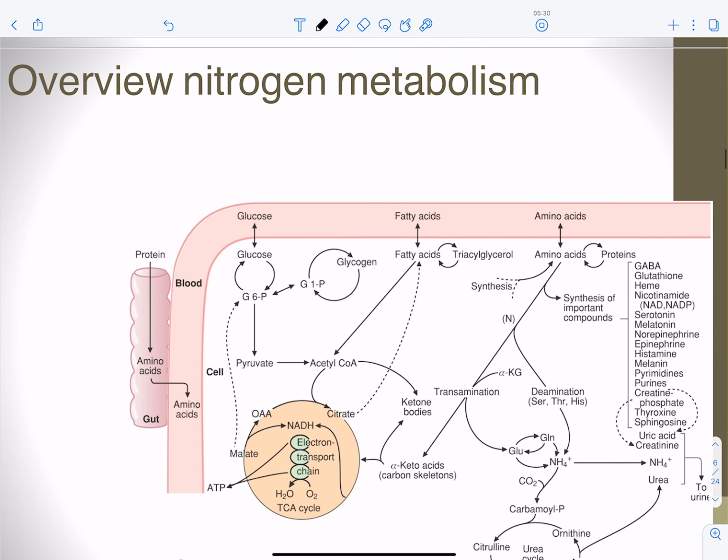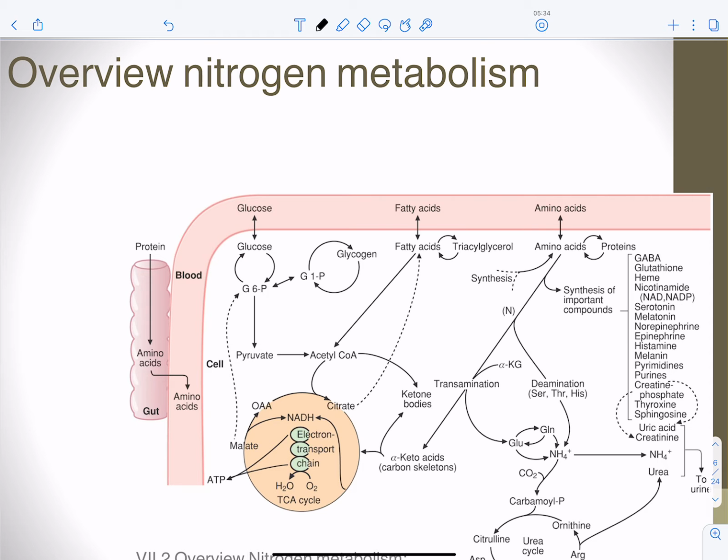This is just an overview of nitrogen metabolism. Your nitrogen-containing compounds also have carbon skeletons that can be used for other pathways. But in order to use those carbon skeletons in other pathways, you have to remove your nitrogen.